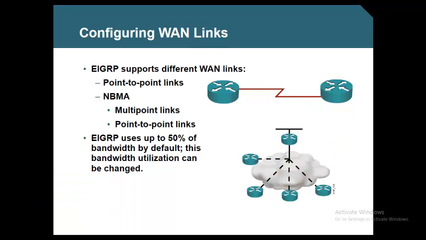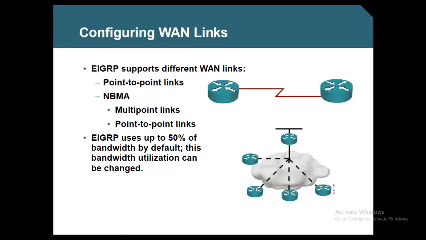Now, we have a WAN link. In a WAN link, you may have something like this point-to-point, or you may have something like this, a frame relay switch, where you may also have multi-point.